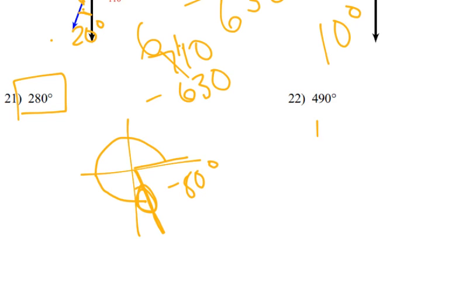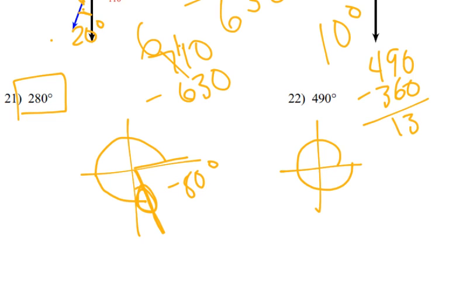Okay, 490. I know that I'm going complete circle because that's 360. 490 minus 360 would give us 130. So I'm going past 90. So if I minus 90 from that, that would give us 40. So we'd go an extra 40 out there to that one. So that angle would be 50.